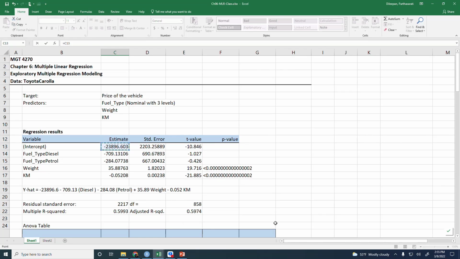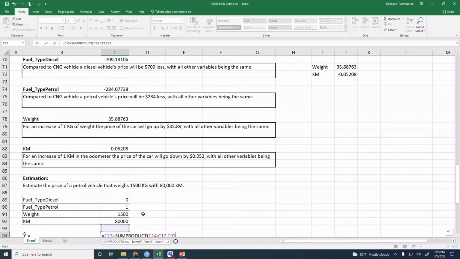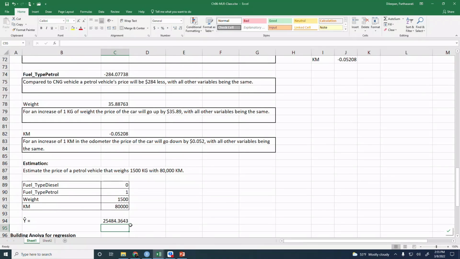And there is, in Excel, a convenient function for that, and what function would you use? Exactly. Sum product of these coefficients with these values. And we have an estimate y hat.